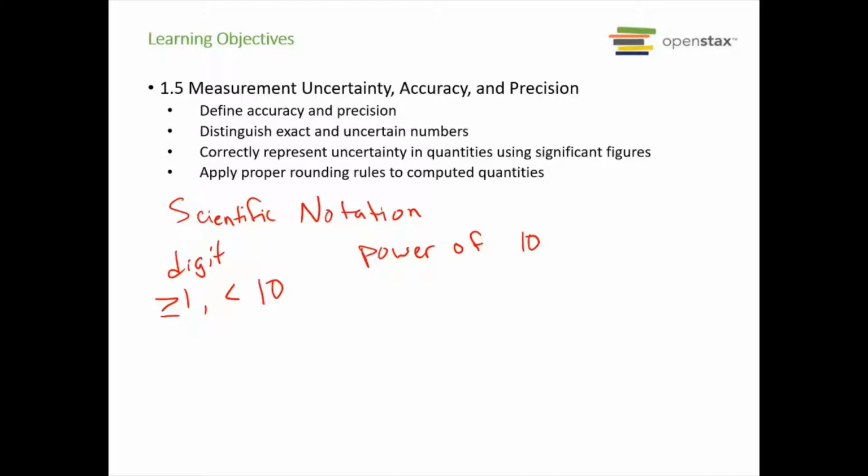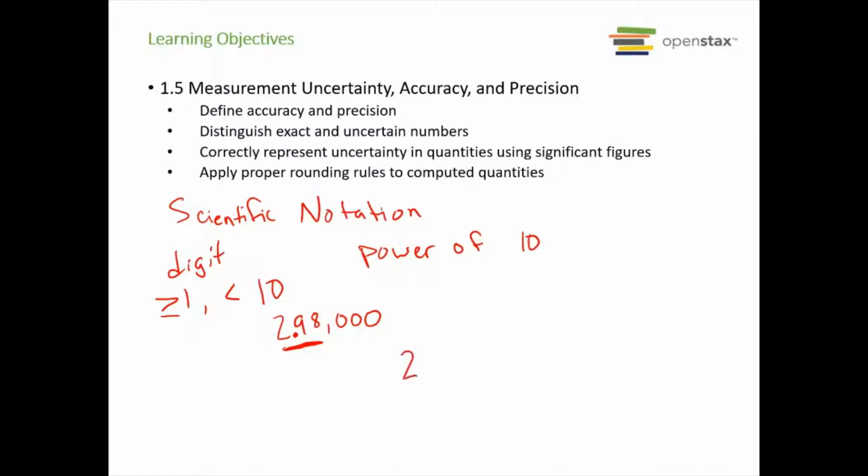So for example, let's say we have a number of 298,000. To put this in scientific notation, the first thing we need to do is identify where our number between 1 and 10 is going to be. So we look at this, okay, 2.98 is greater than 1, less than 10.